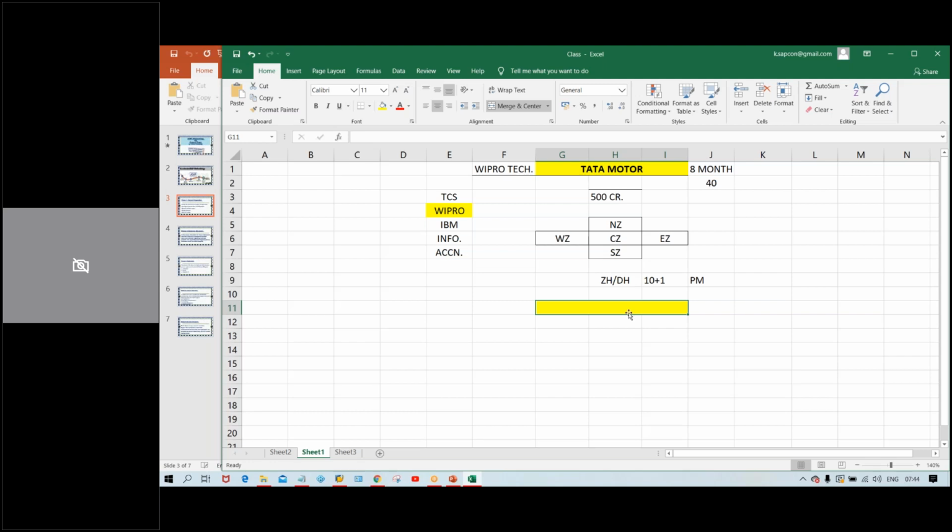Once the project went outside, the entire 300 people become free, in the sense their profiles become part of the free pool. On the internal portal, which every organization has, there will be a free pool where the entire employees' profiles will be visible.